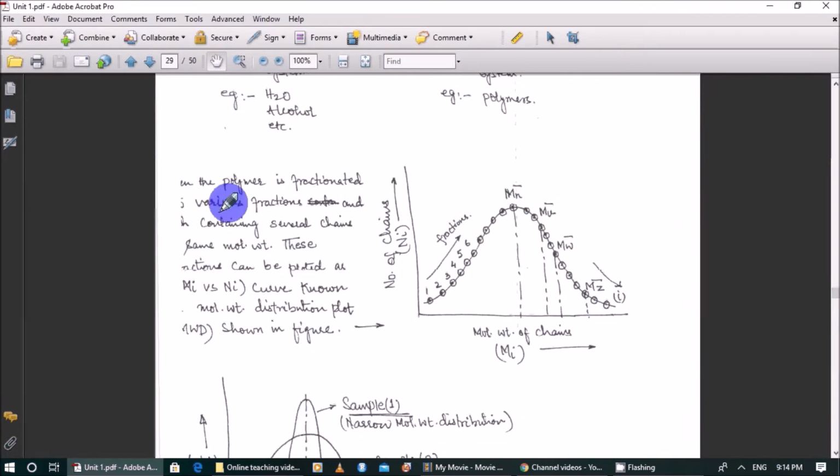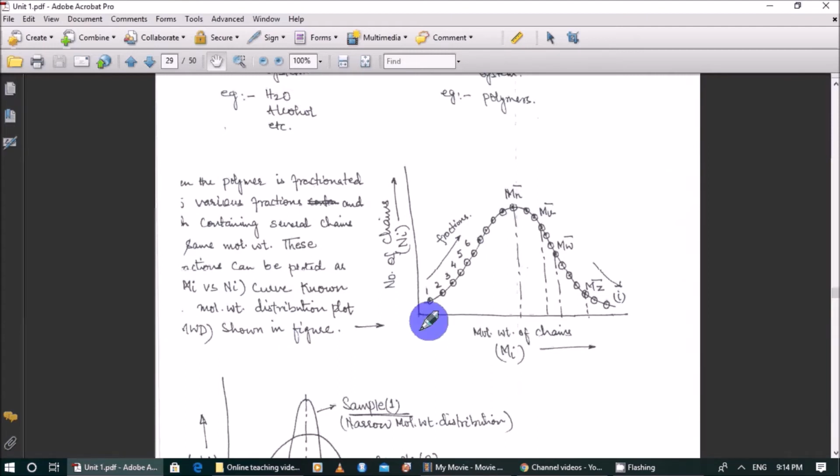Now in the polymer, when fractionated into various fractions, each containing several chains of the same molecular weight, these can be plotted as Mi versus Ni, and this curve is known as the molecular weight distribution, or MWD, as shown in the figure.